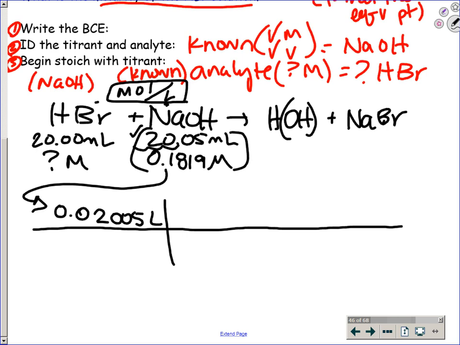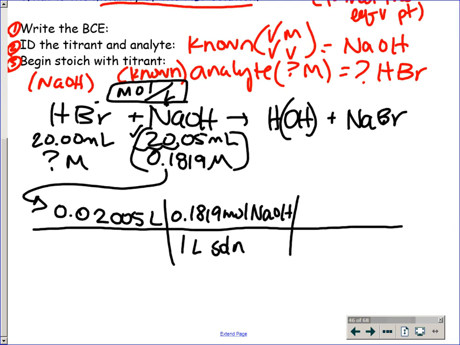On top, because this right here is 0.1819 moles of sodium hydroxide per 1 liter of the sodium hydroxide solution. Are we okay so far? We got the volume taken care of, we got the molarity taken care of, and the liters of NaOH solution cancel out.